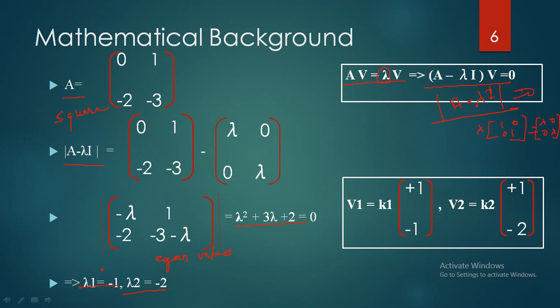Now we have to find out the eigenvector corresponding to each eigenvalue. So now you substitute the value of lambda in this equation, let us say equation 1.